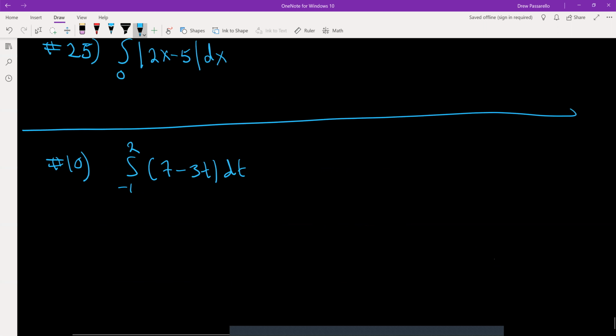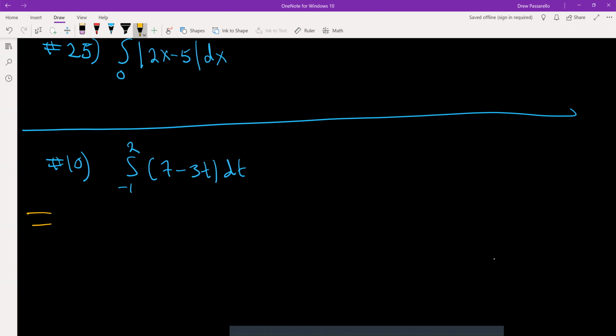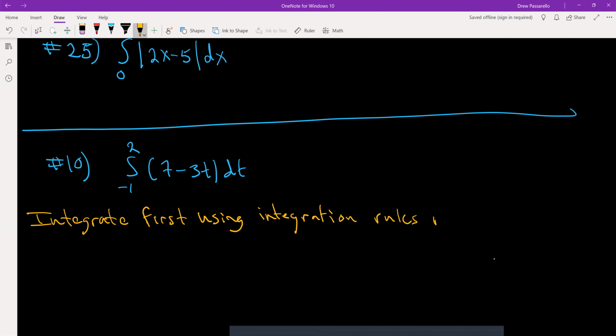All right, so again, I just integrate first, using the integration rules that we know from section 4.1. Then apply the fundamental theorem by just plugging in the upper limit of integration minus the lower limit.